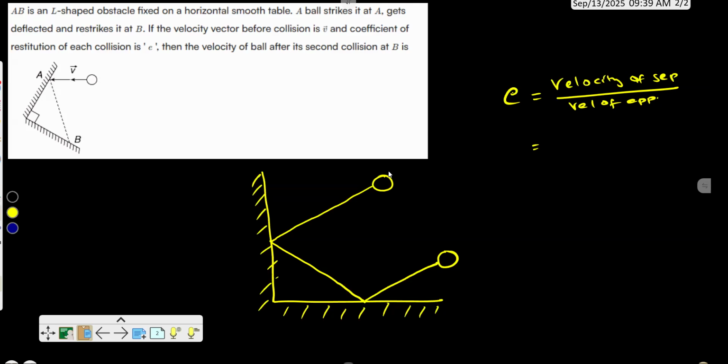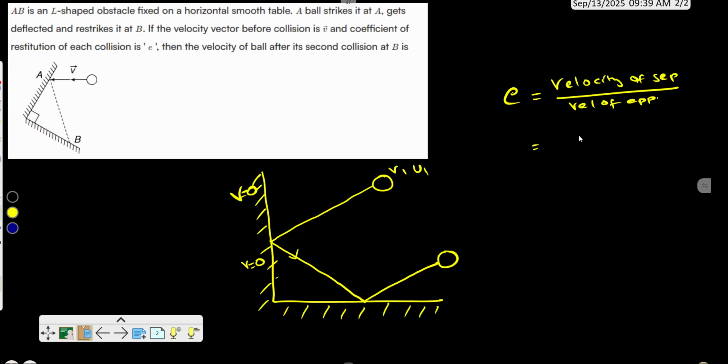If I take the initial velocity of the ball as u1, and the final velocity as v, then the velocity of the obstacle is zero. Initially it is zero, and after the ball hits it is also zero.